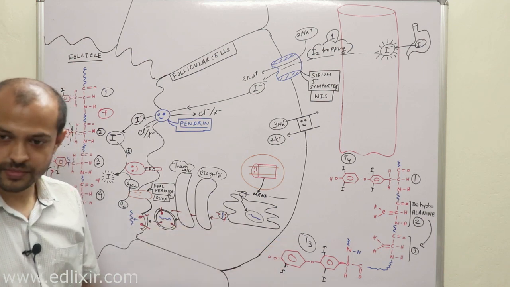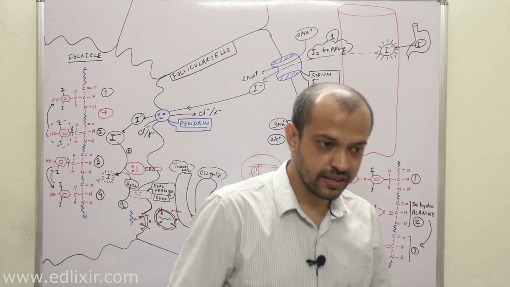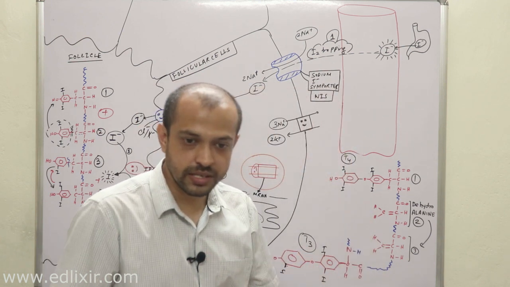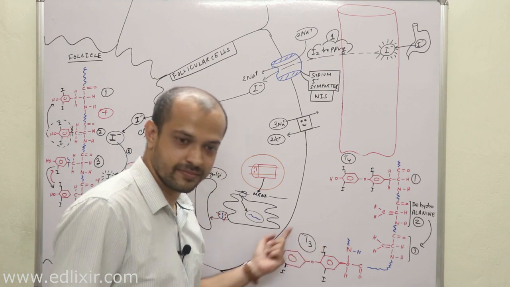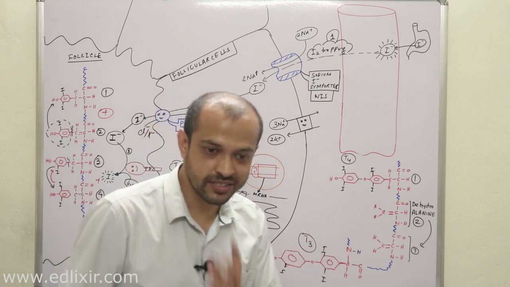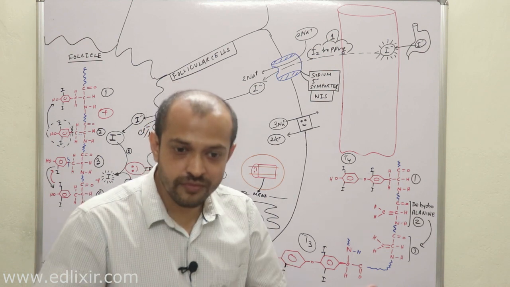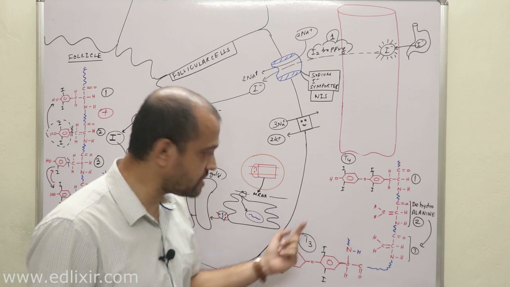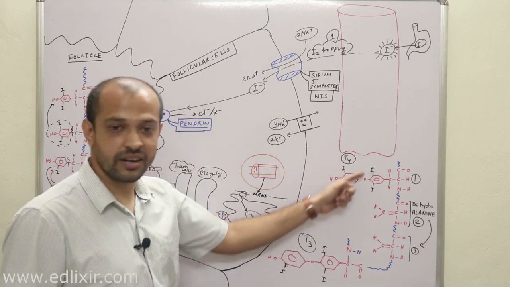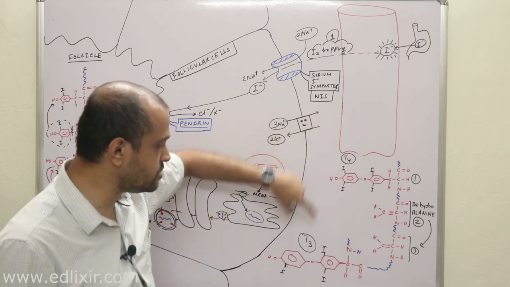This is T3, and in your body, the most biologically active form of thyroid hormone is T3. But you will be amazed to know that the most abundant form of thyroid hormone is T4. Yes, the most biologically active form is T3, but the most abundant form is T4. That means your body will convert T4 into T3.